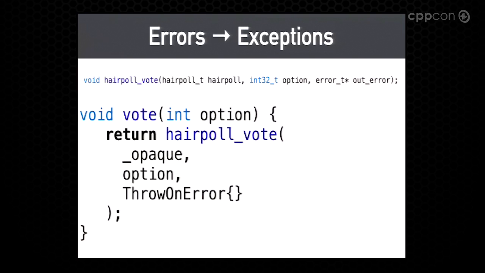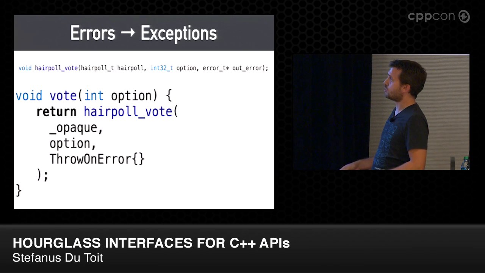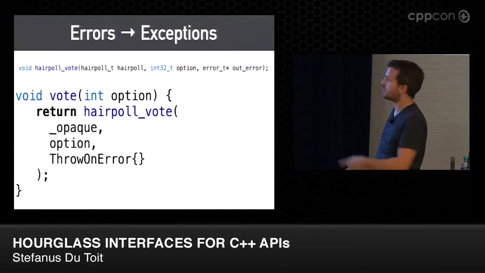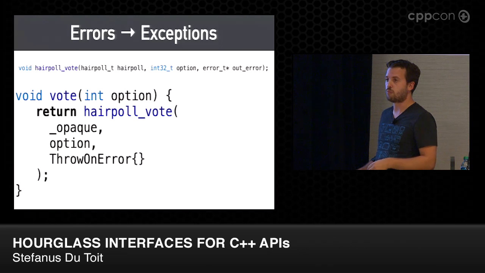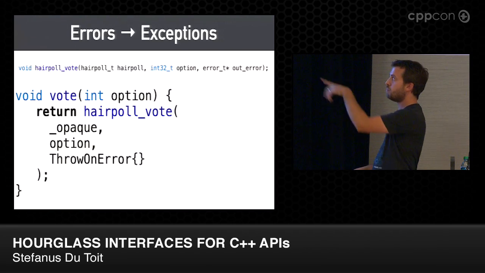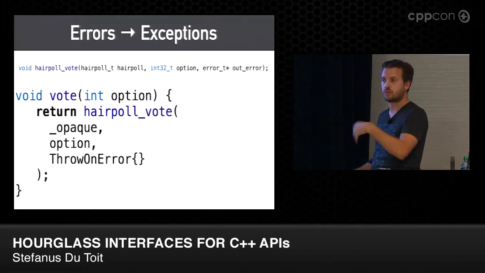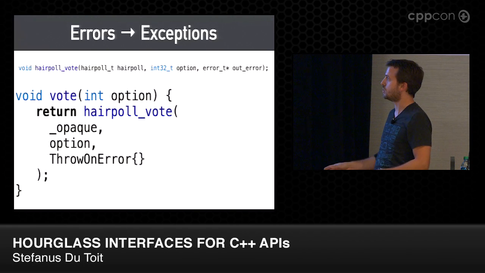We're writing a C++ member function called vote, or just a free function, whichever. We call hairpole vote, and at the very end, we pass in this throw on error magic. What that's going to do is, if hairpole vote returns an error through that mechanism, it's actually going to turn into an exception. So let's see how that happens.